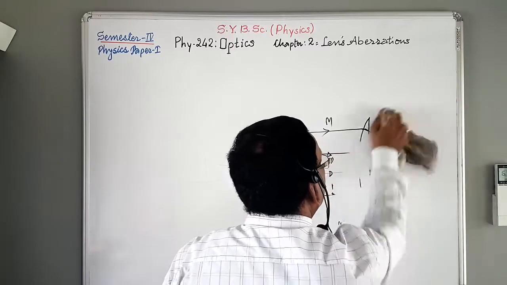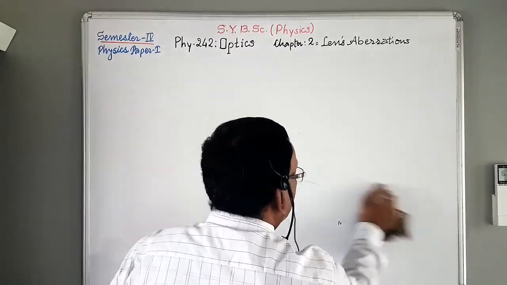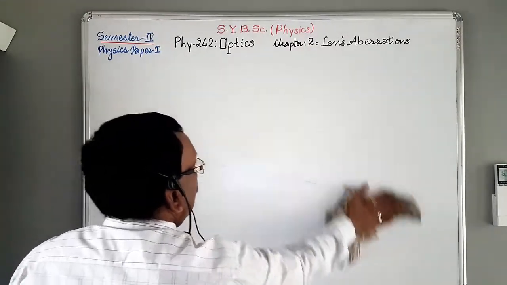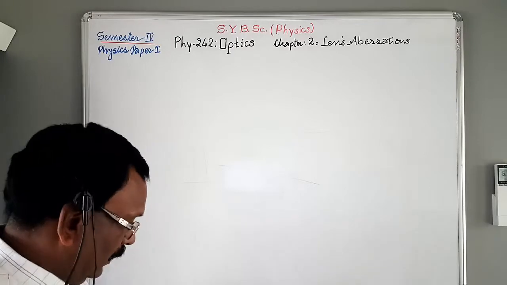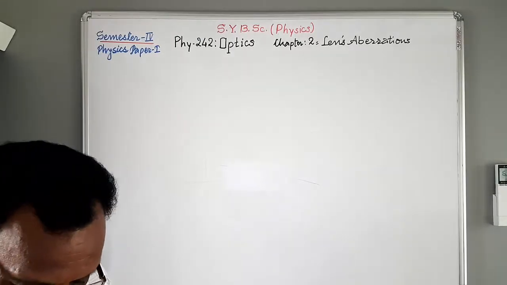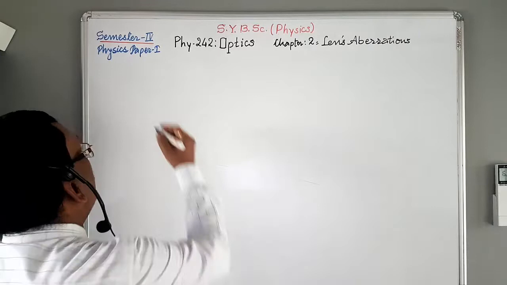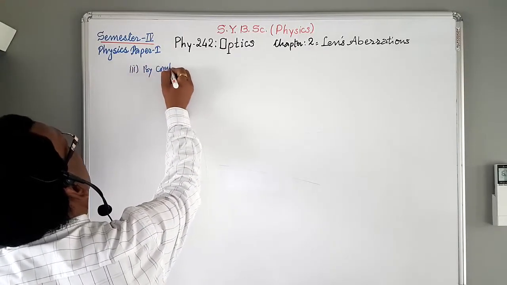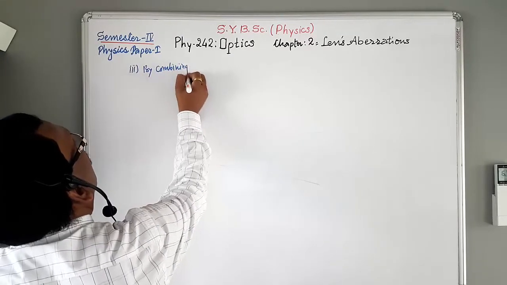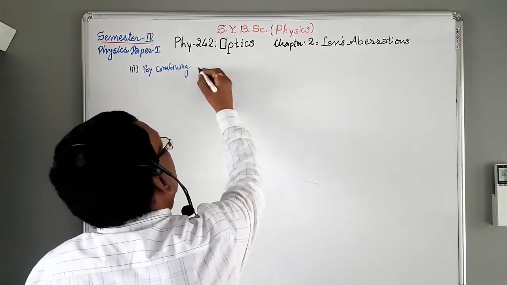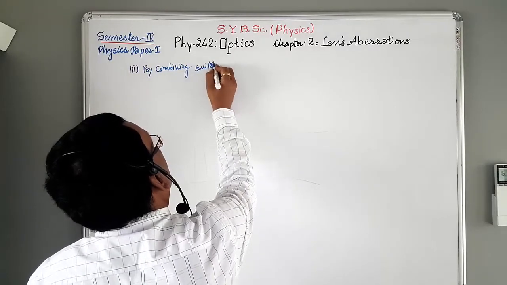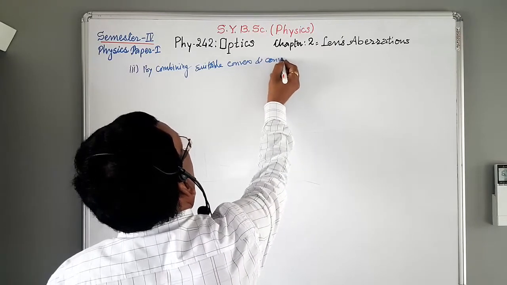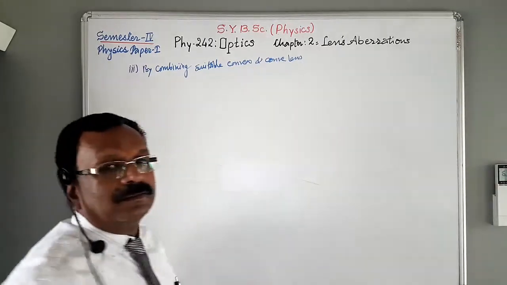In this third method, in order to reduce the spherical aberration, we combine suitable convex and concave lenses.